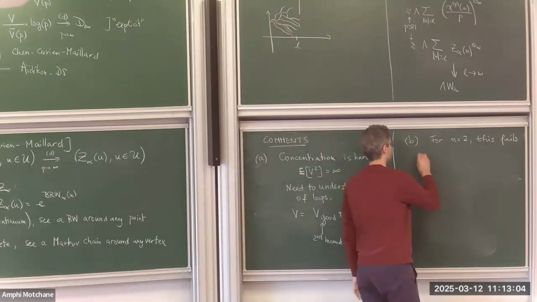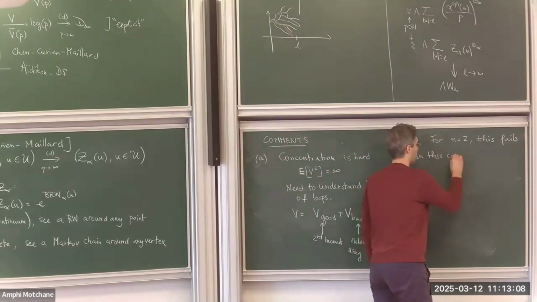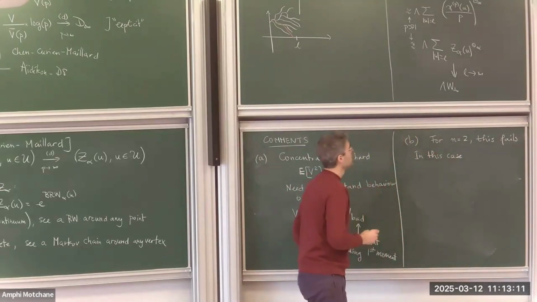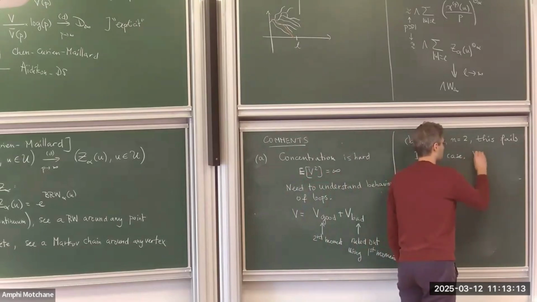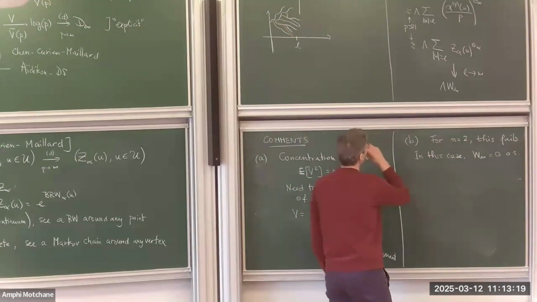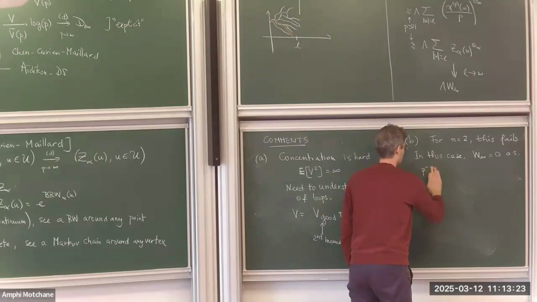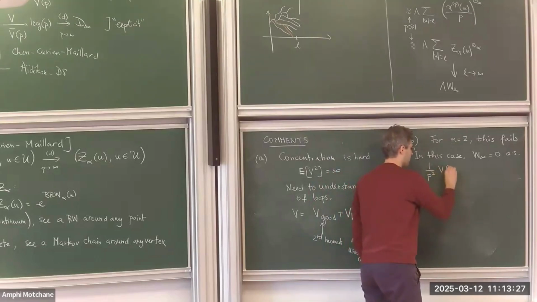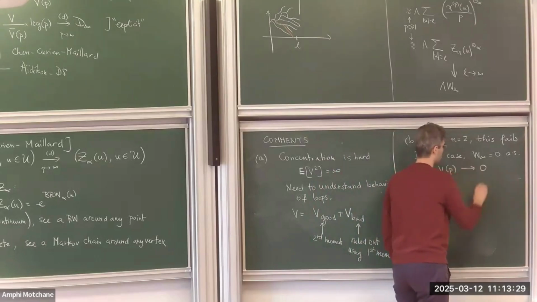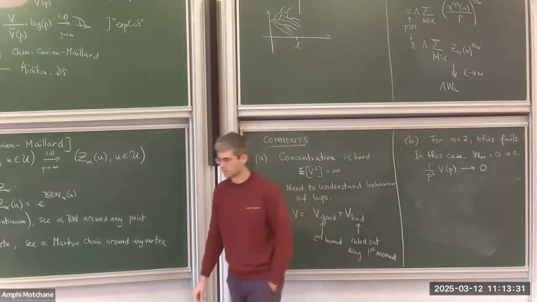Indeed, in this case, the only thing it tells you is that since W infinity is 0 almost surely, from the branching random walk argument, if you divide the volume by p squared, this converges to 0.